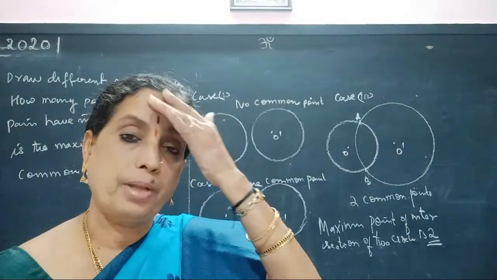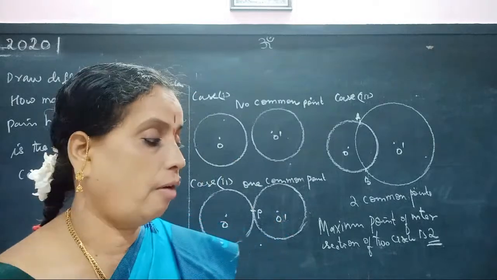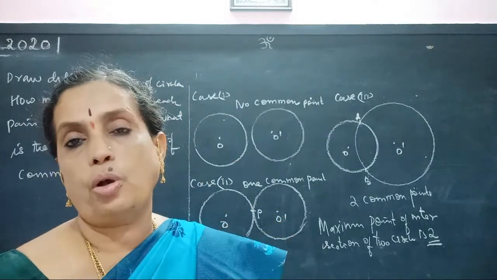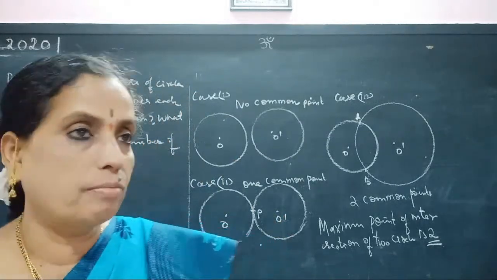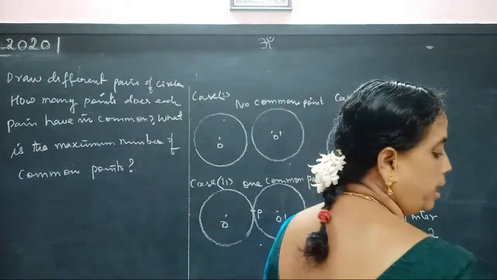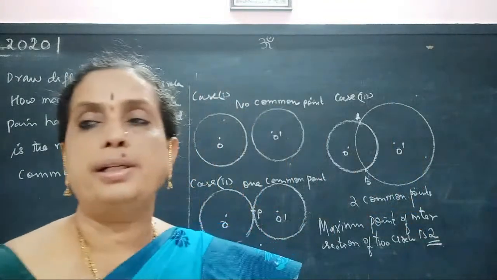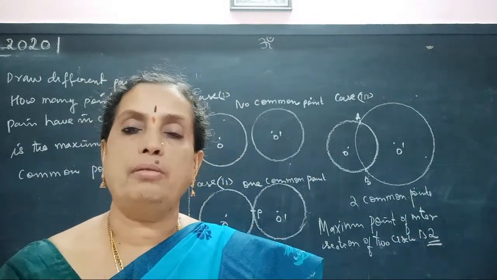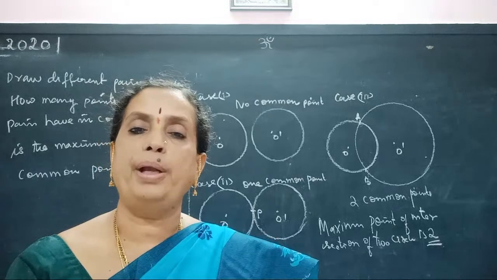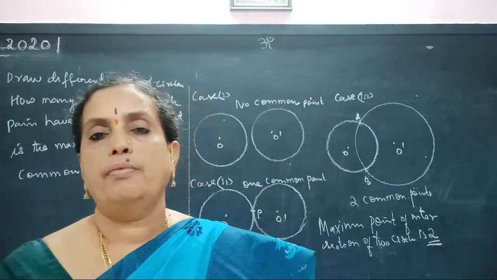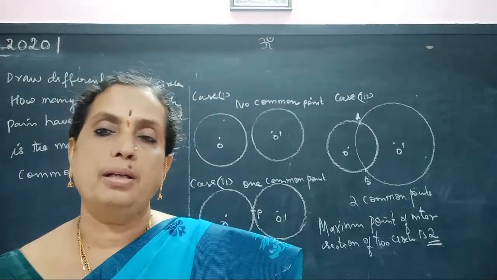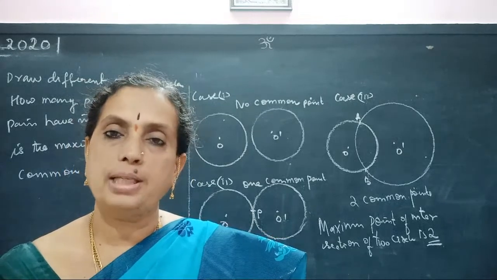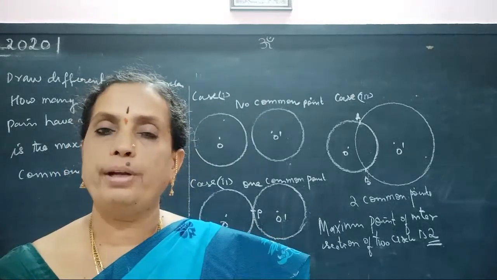Okay, we'll stop here, and in the next class we have a few more questions to solve based on the theorem. So after your test, next Thursday's class, get ready with the statements of theorem 10.1 to 10.4. Do well in your MCQ test, which is tomorrow at 4 o'clock.